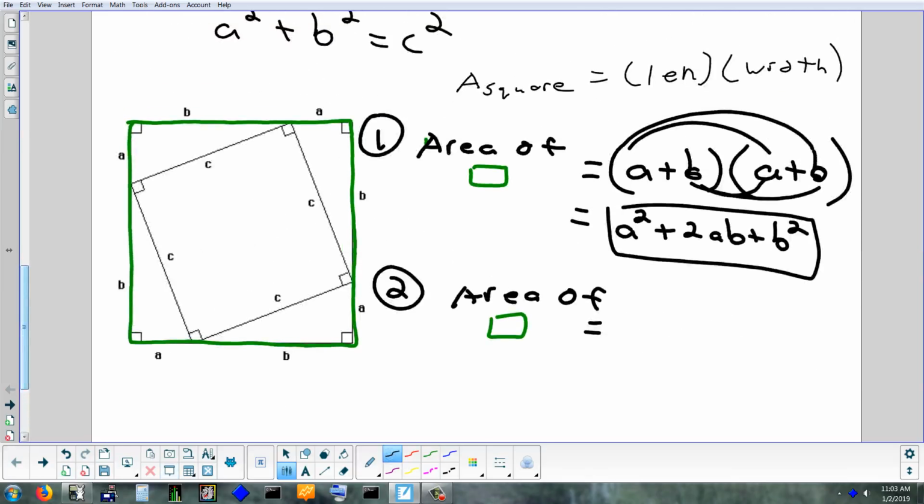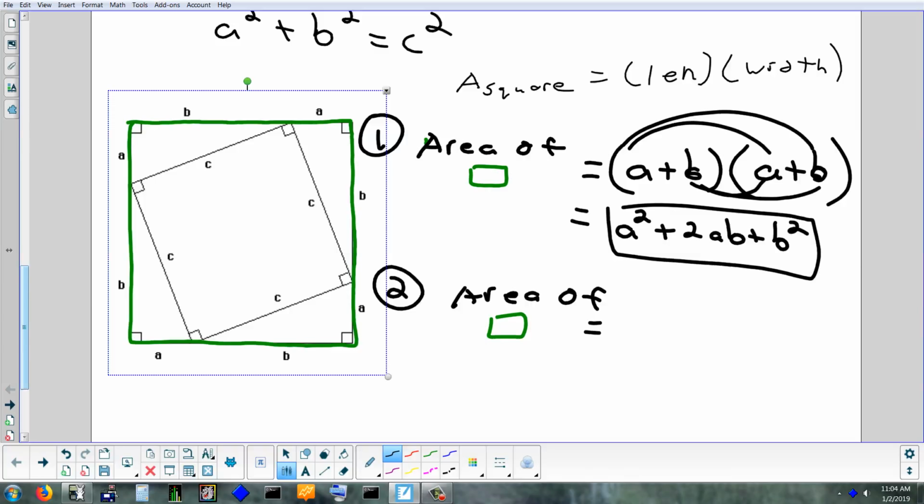Rob? Could you find the area of the triangles and the smaller square inside and then add it all together? Yeah. So let's find the area of the 4 triangles and the smaller square, add them together. We're going to get a different formula, but let's see what happens.